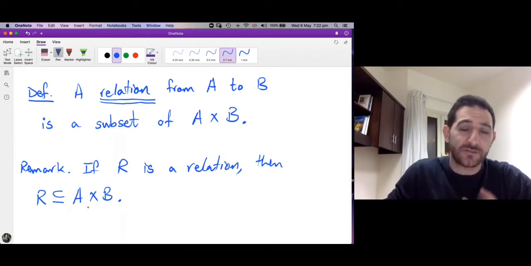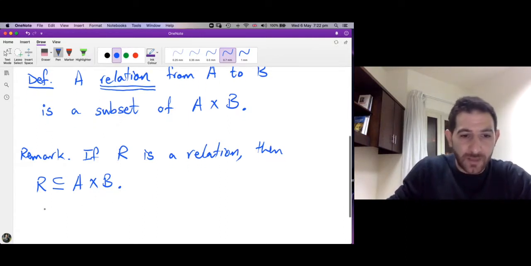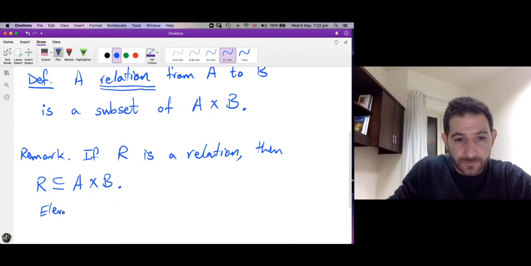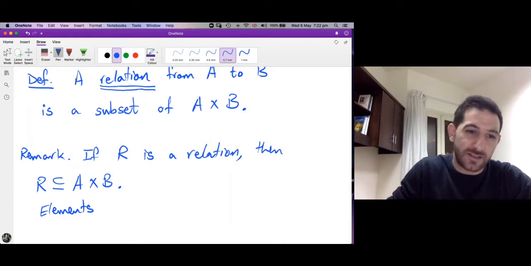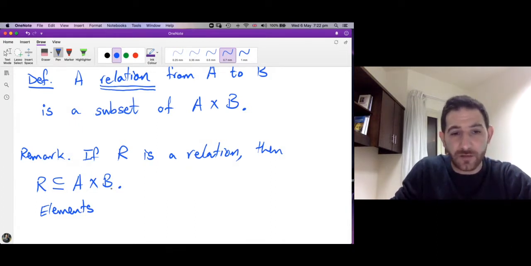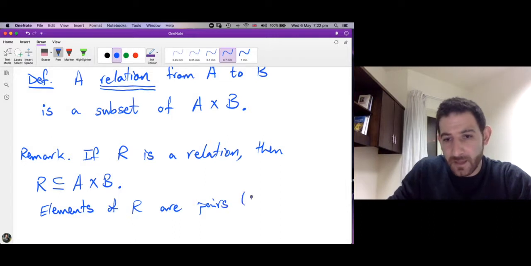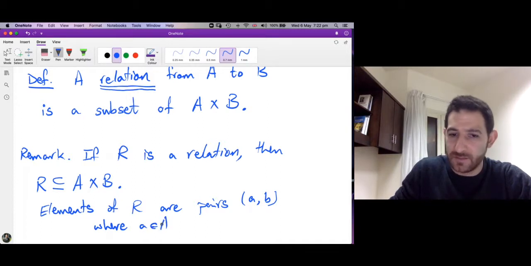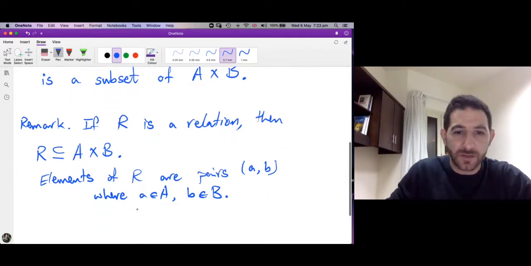A cross B is a subset of itself, so A cross B is also a relation. So R is a subset of A cross B. This means that every element of R is an element of A cross B. So elements of R are pairs of the form a comma b, where a is in A and b is in B. Okay. So this is the concept of a relation. It's just a subset of the Cartesian product.